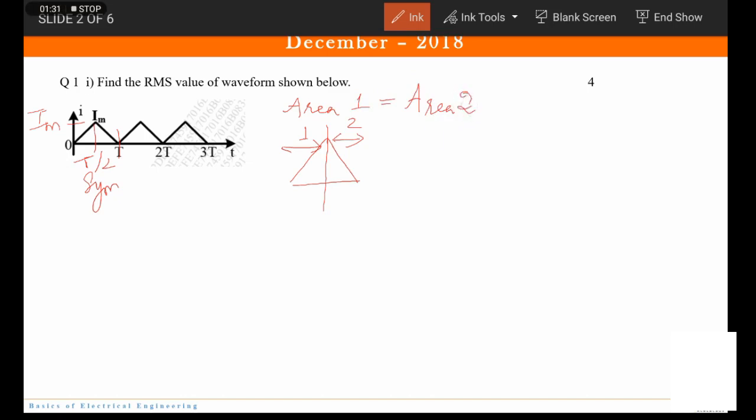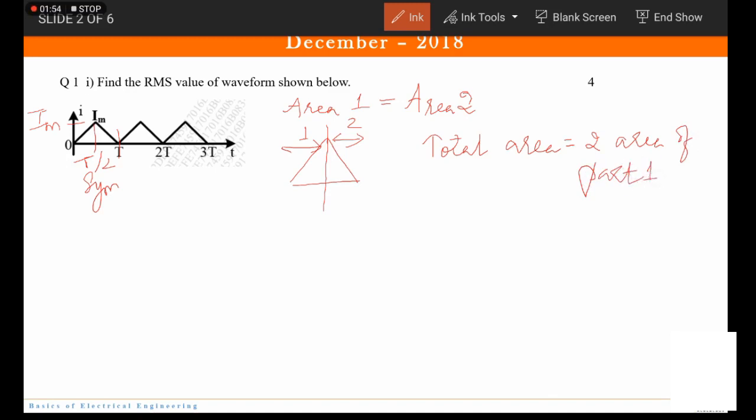So what is going to be the total area? I can calculate the area of any one of these parts and multiply it by 2. This is how we are going to solve it.